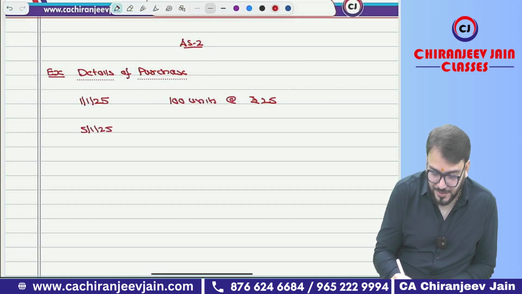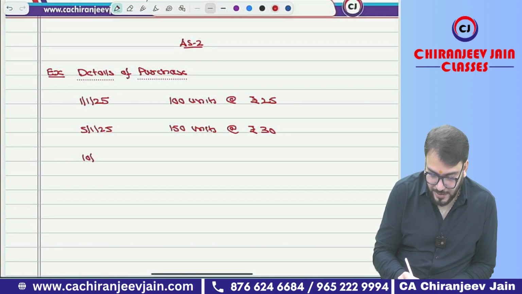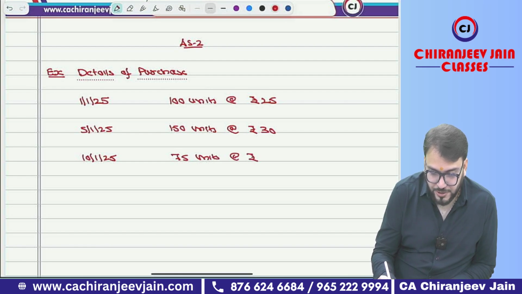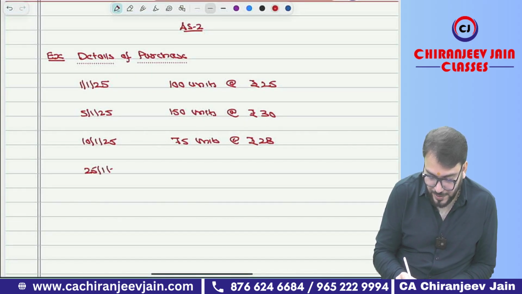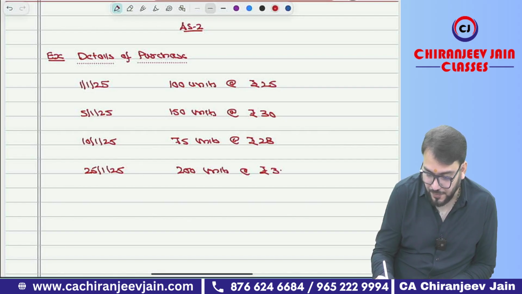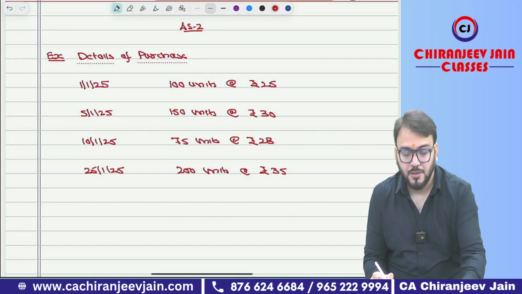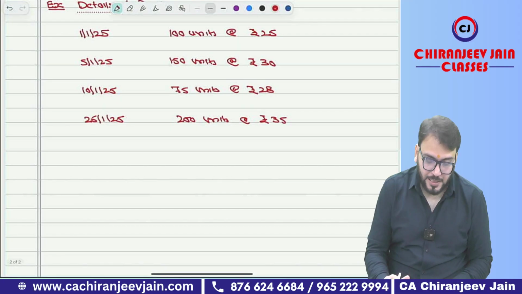Then 5 Jan 25, again they purchase 150 units at rupees 30. Then 10 Jan 25, again they purchase 75 units at a rate of rupees 28. Then 25 Jan 25, again they purchase 200 units at a rate of rupees 35. Okay. Got this point? Then add on.